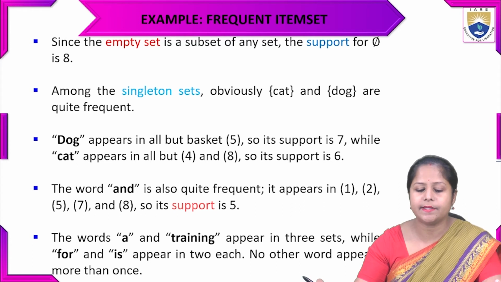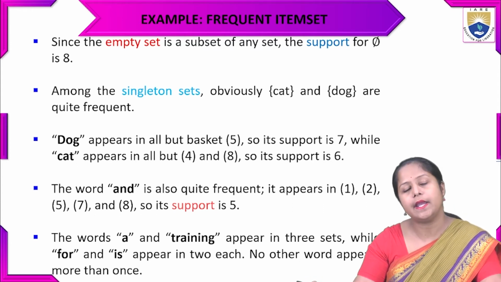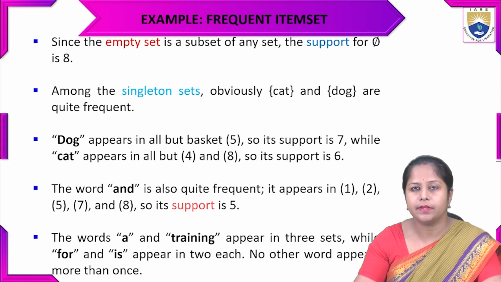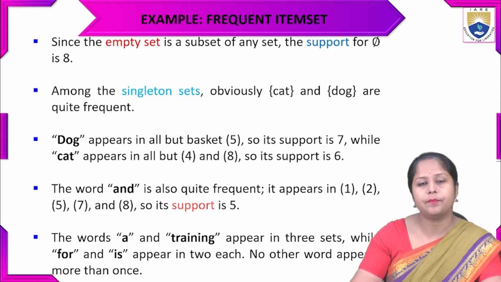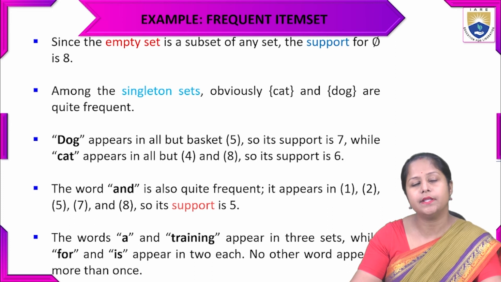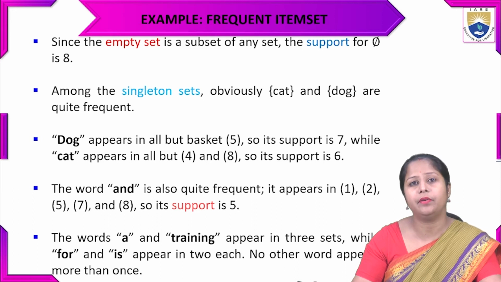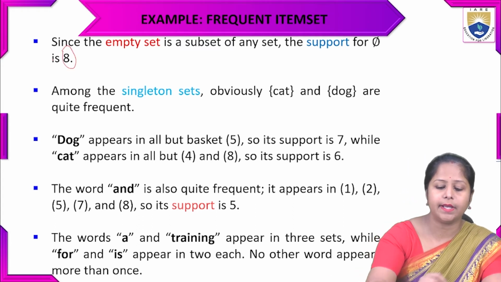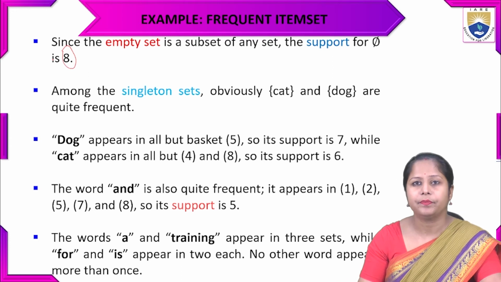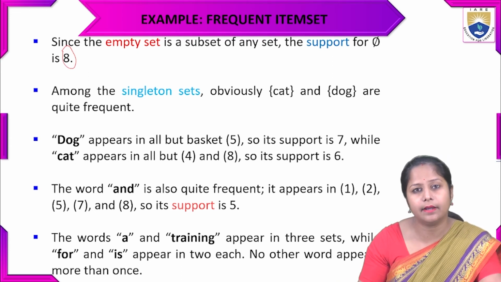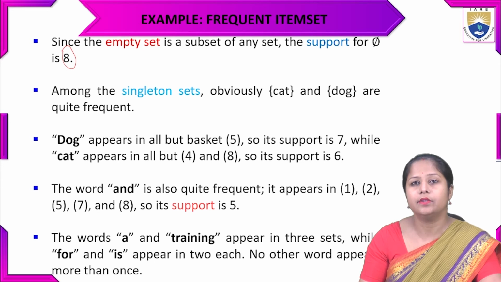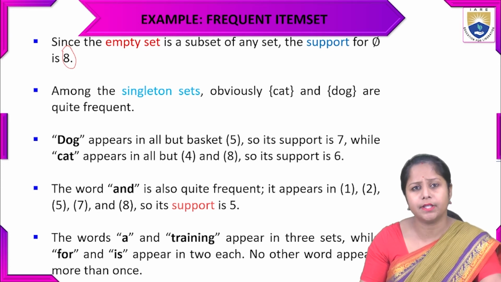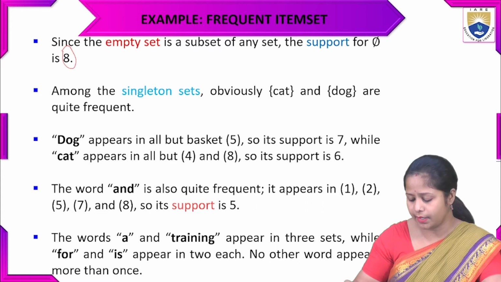Since the empty set is a subset of any set, if the subset is empty, having nothing, the support for it will be 8, because all baskets contain it. So in this example, the support for the empty set is 8. Then we will check the single words and whether there are frequent items in the example.